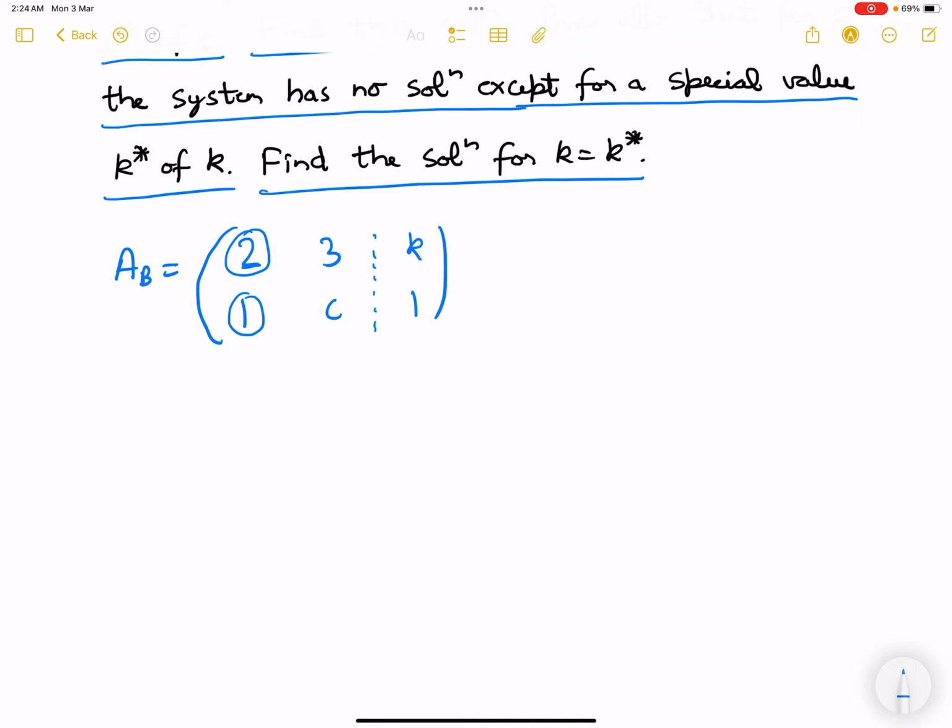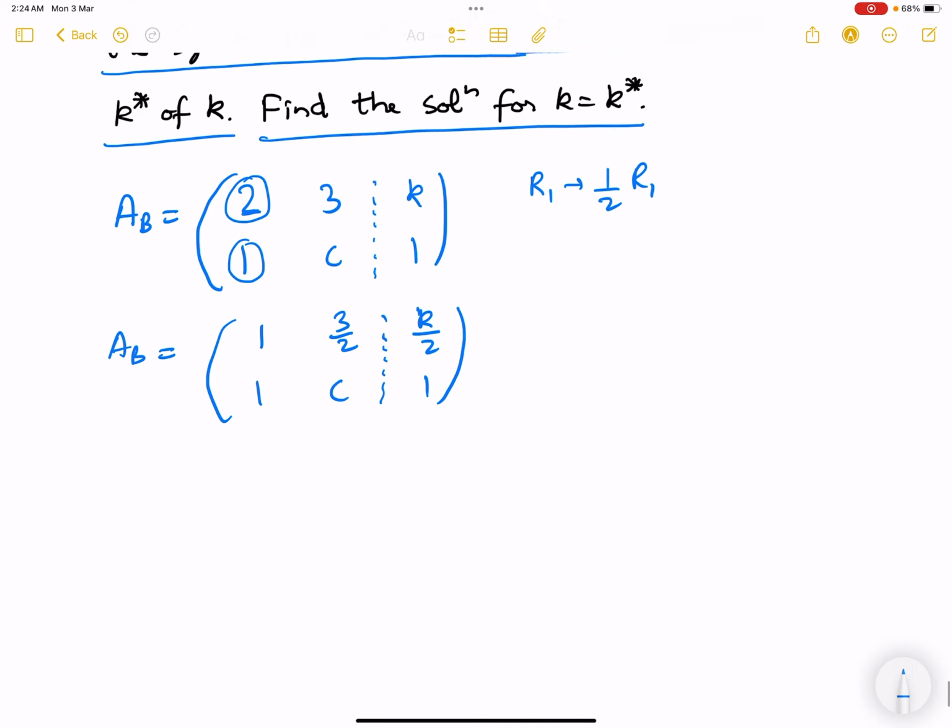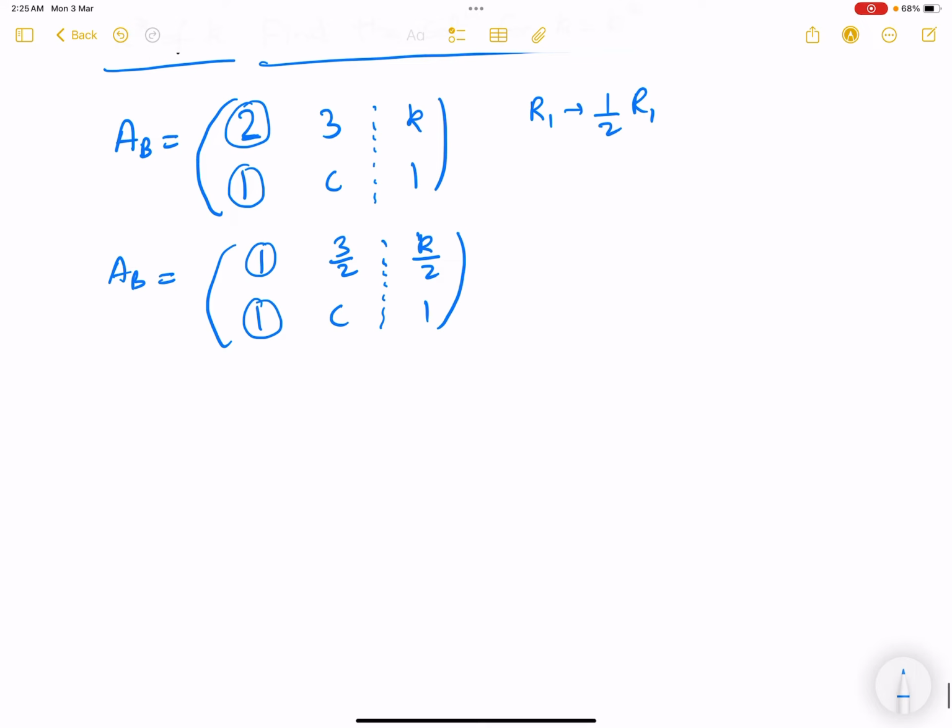It will help in solving: R1 goes to 1 by 2 R1. This gives us 1, 3 by 2, k by 2, 1, c, 1.